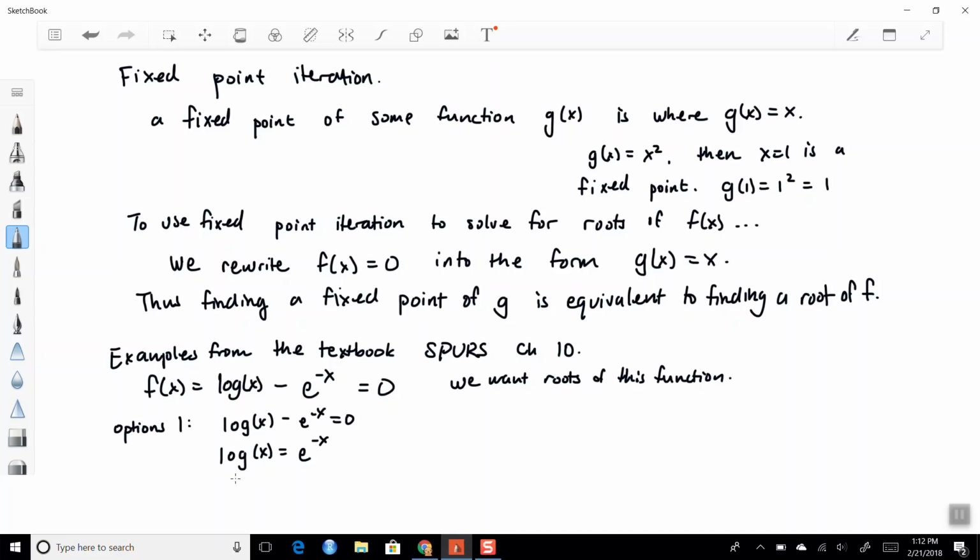Then I will raise both sides to e. And so here I will get x is equal to e raised to the e to the negative x, and we will set this equal to g of x.